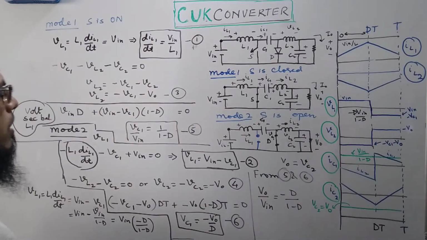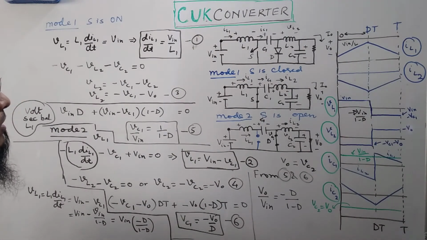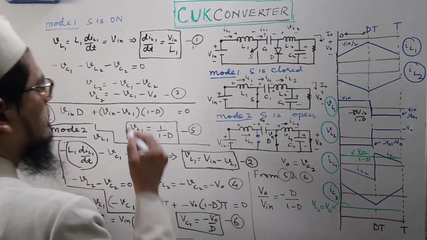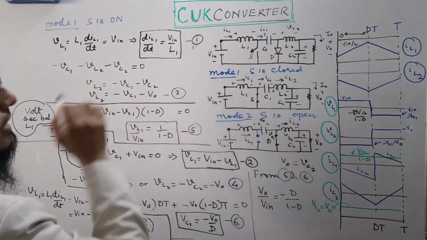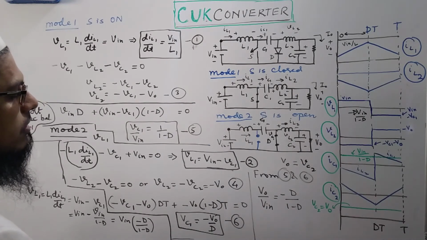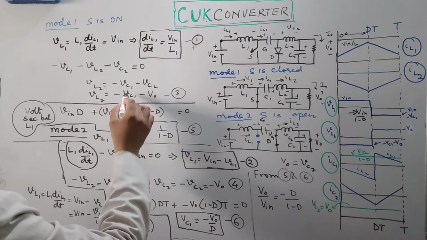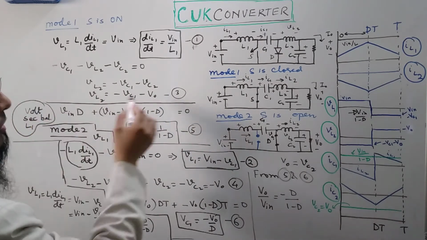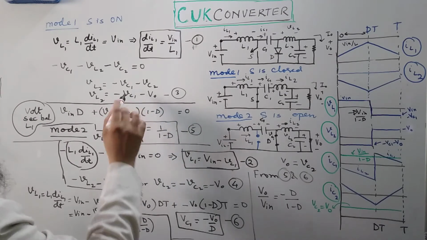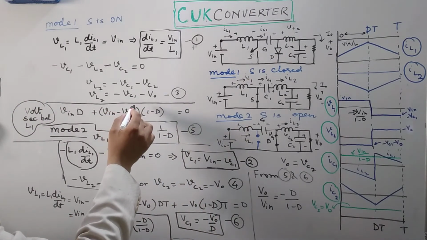Why would it be negative? You could see that the value of V0 is negative, and VC1 is positive. So some positive value minus a negative value could be positive or negative. Let us check whether it is negative or positive.